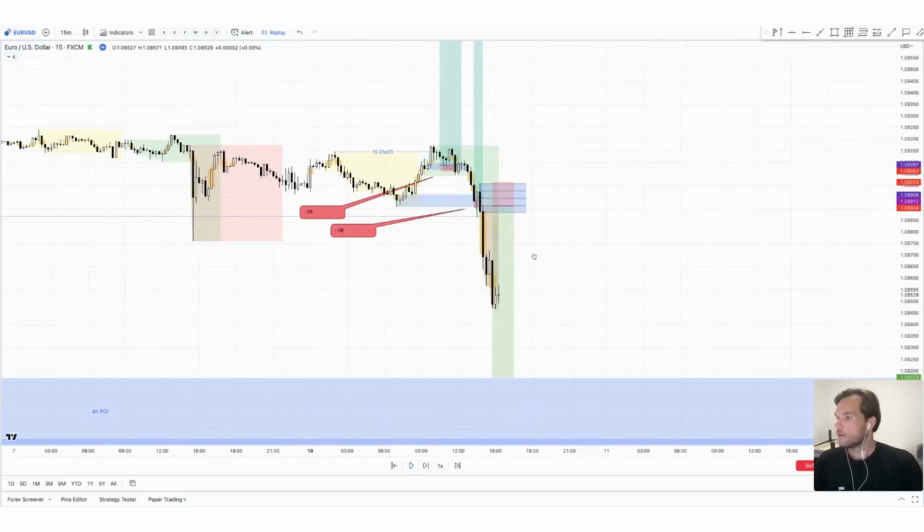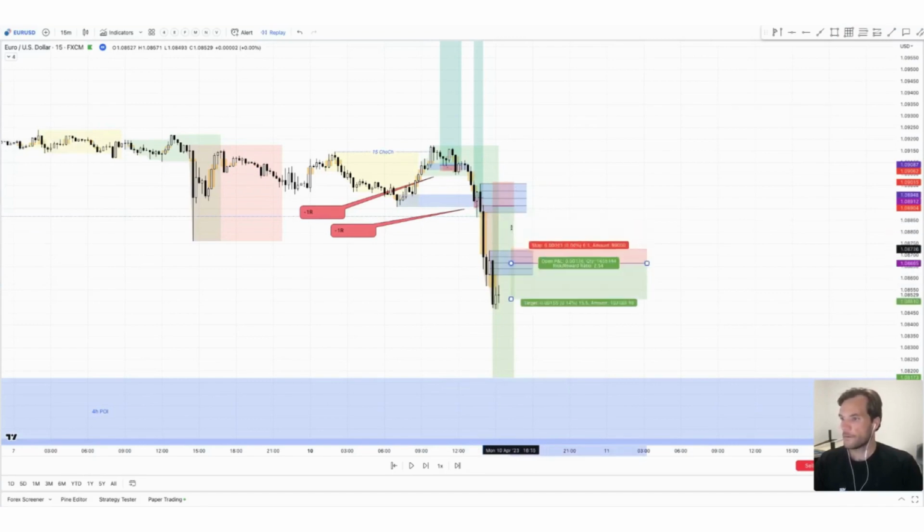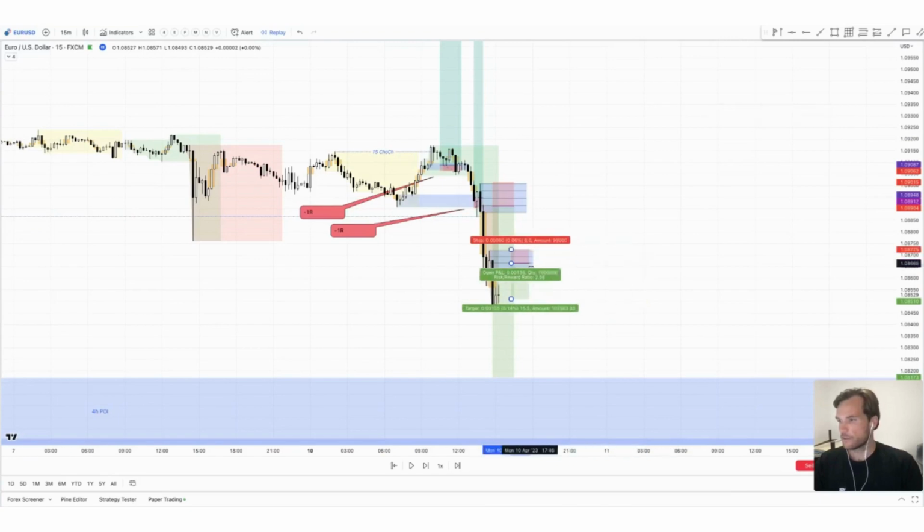Got another area. Now, at this point, when we're moving so impulsively, as long as this made a higher low, for me it's valid as a supply. So we're going to set that up as well. Same target. And we'll delete this one for now.